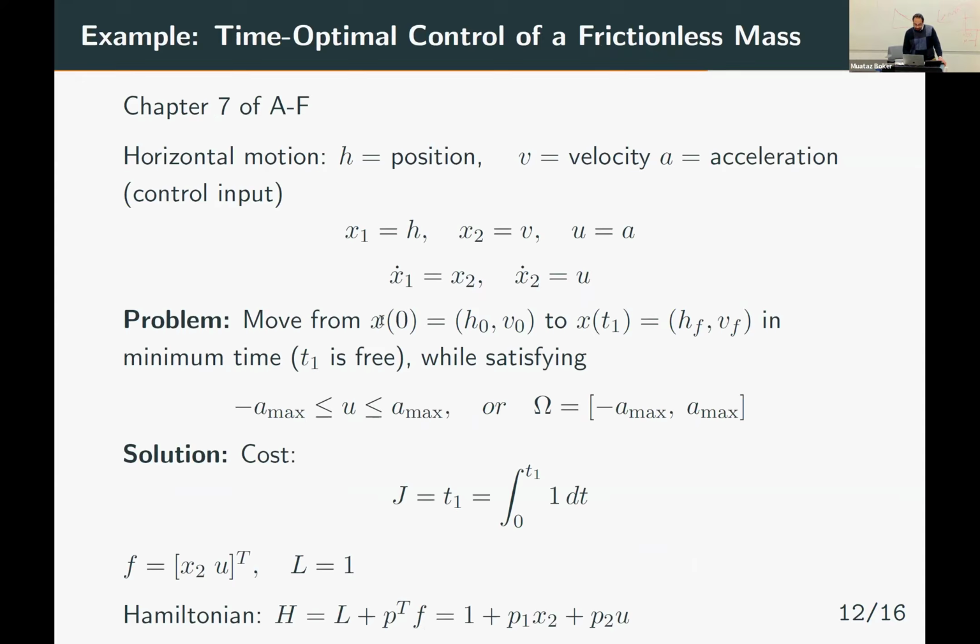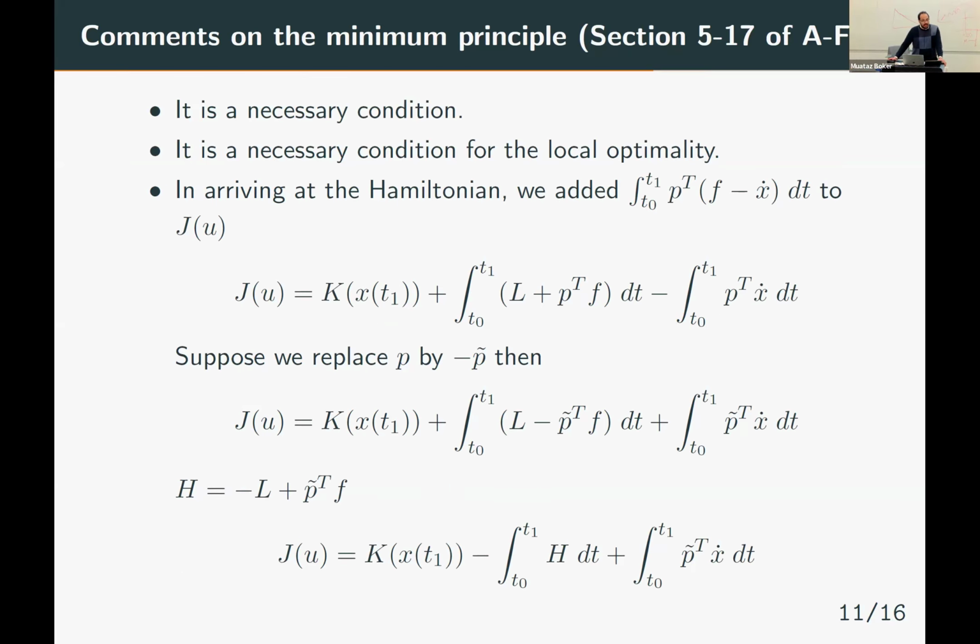Now, as I mentioned, our minimum principle says that we can solve for U star without differentiation. How can we do it? To see how we can do it, let's do something quickly here.